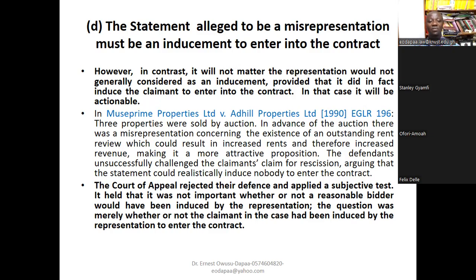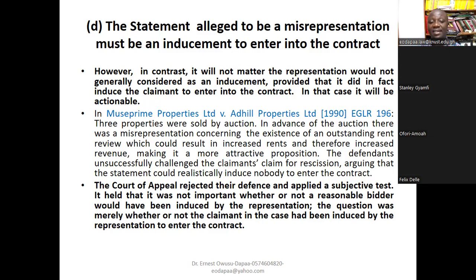So look at the case of Museprime Properties Limited against Adhill Properties Limited. Three properties were sold by auction. In advance of the auction, there was a misrepresentation concerning the existence of an outstanding rent review, which could result in increased rents and therefore increased revenue, making it a more attractive proposition.